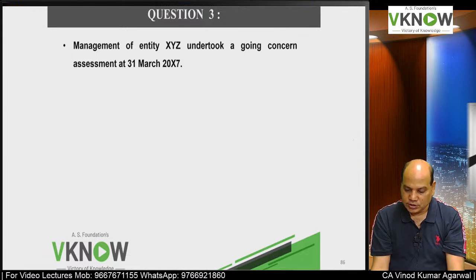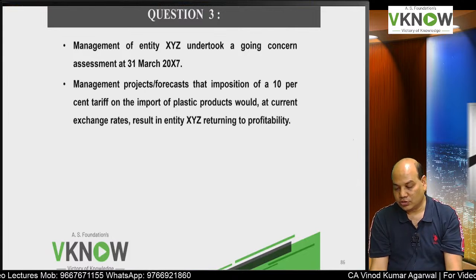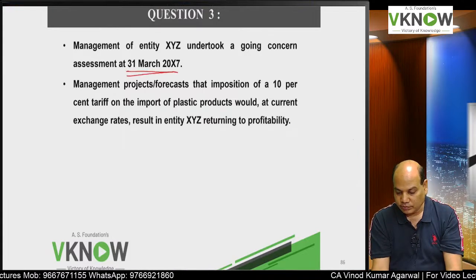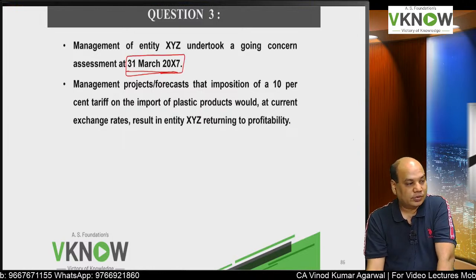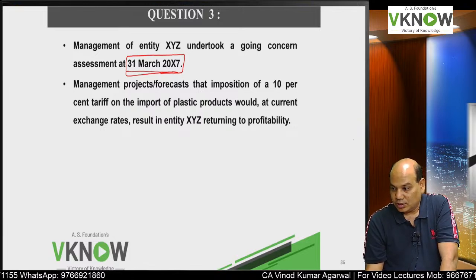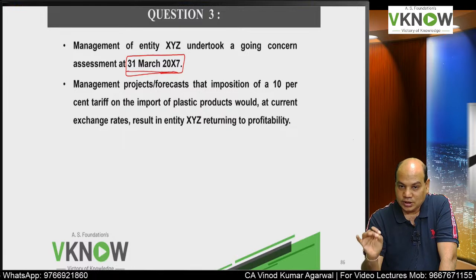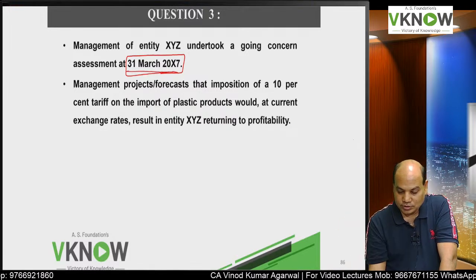Management of XYZ undertook a going concern assessment on 31st March 2007. Very good, because there is a lot of uncertainty involved here because of reduction in tariff, rupee appreciating. So they have to sit down and check whether we can survive for 12 months.